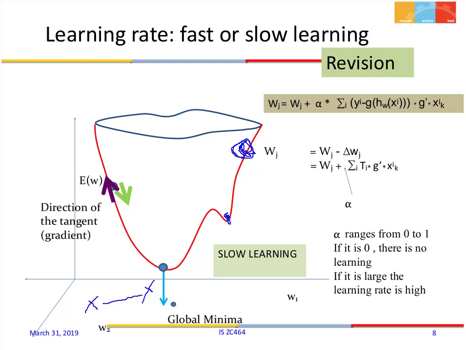Most of the problems will require us to have 10 or 20 or 30 or even 1,000 neurons. So if it is a thousand-dimensional space or 100-dimensional space, there is no question of the side of the error surface, and there could be multiple such pits or peaks, right?